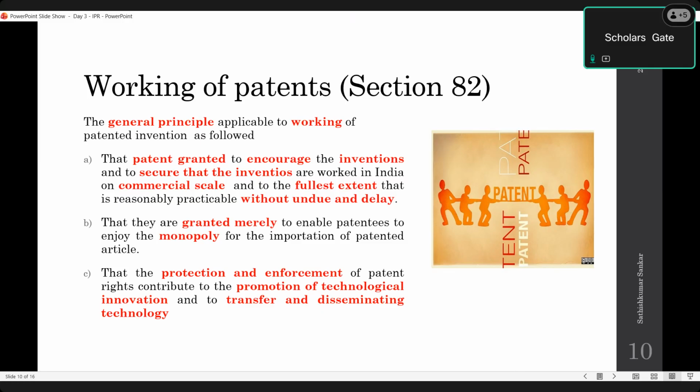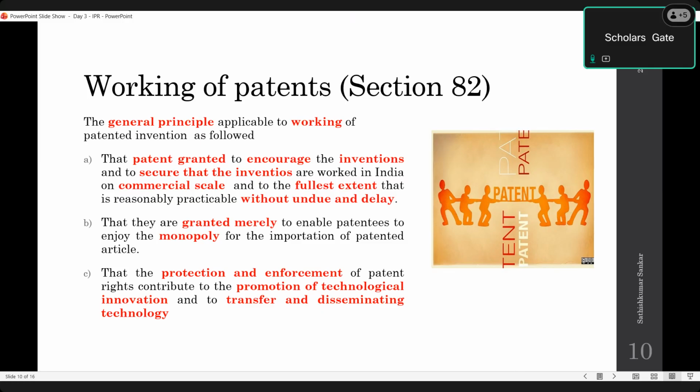Obviously it will promote technological innovation and the transfer and dissemination of technology worldwide or countrywide. So it will be useful for society, useful for technological development, and it should be economically significant. These are the most important things once the patent is granted.